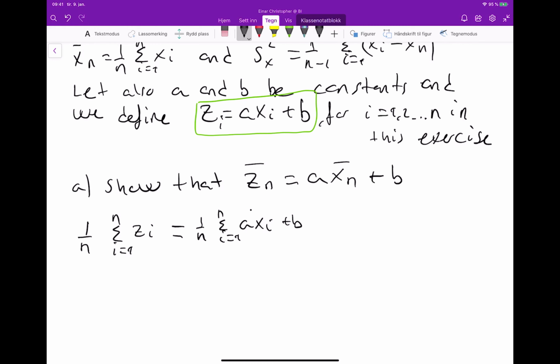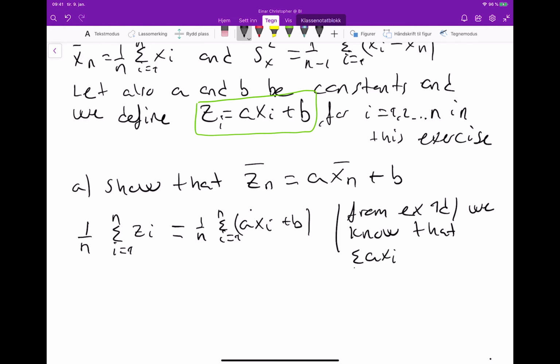And here we can recognize something we did in exercise 1d. From exercise 1d, we know that the sum A xi, i equal 1 to n, plus B is equal to A sum xi, i equal 1 to n, plus nb.